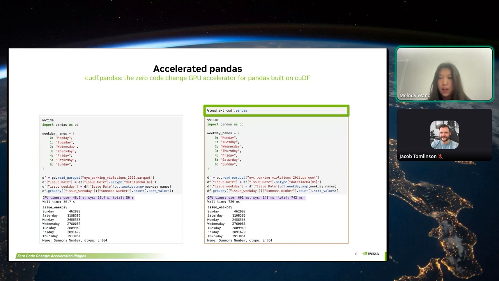So you can easily accelerate your workflows without going into the details of CUDA programming. As you can see here, the CPU time using just Pandas is around 59 seconds, but on the GPU, it's 742 milliseconds. So you can see quite a drastic acceleration here.